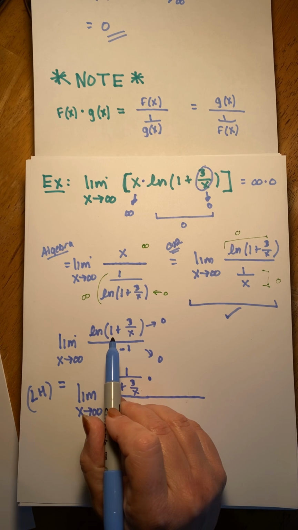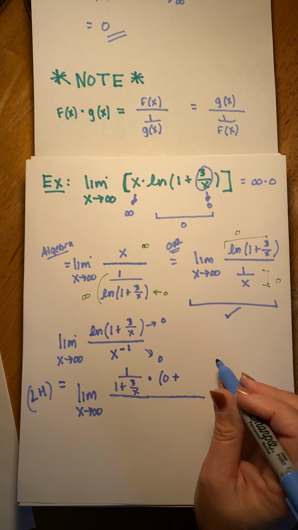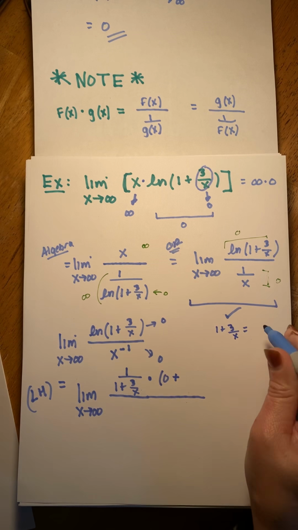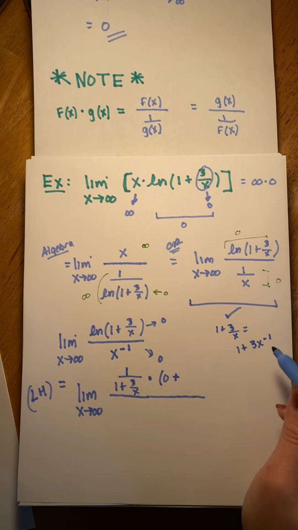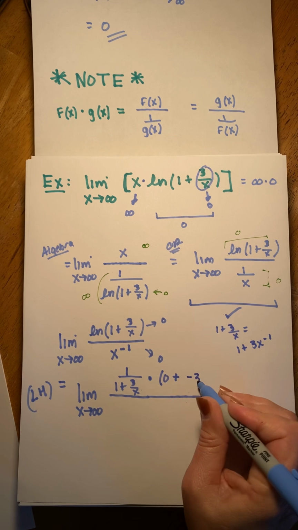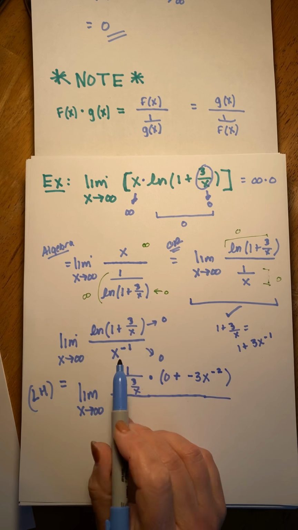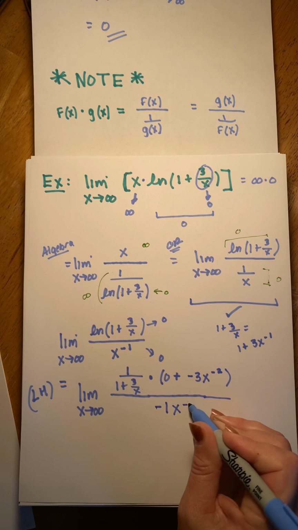Well, the derivative of 1 plus 3 over x is 0 plus, well, 1 plus 3 over x is equivalent to 1 plus 3x to the negative 1. So I'm going to use the power rule, bring the negative out front, negative 3x to the negative 2. And then the derivative of x to the negative 1 is negative 1x to the negative 2.